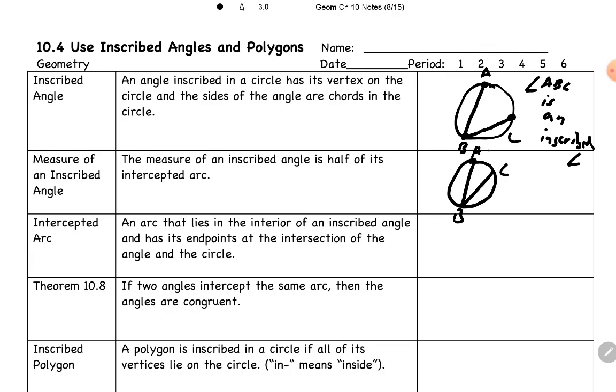So if the arc of AC was, say, 60 degrees, then the measure of angle ABC would be half that. So this would be 30 degrees. If the arc AC is 60 degrees, then the measure of the inscribed angle would be half that, which is 30 degrees.